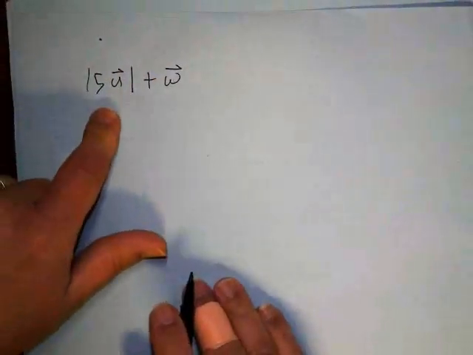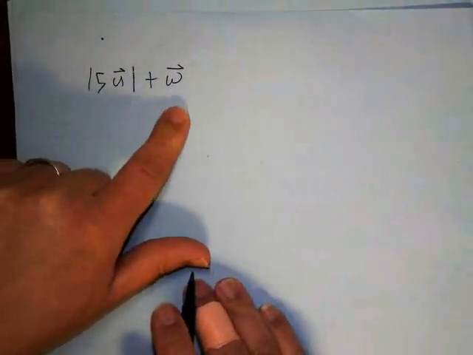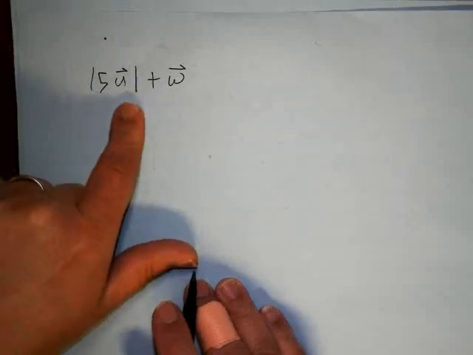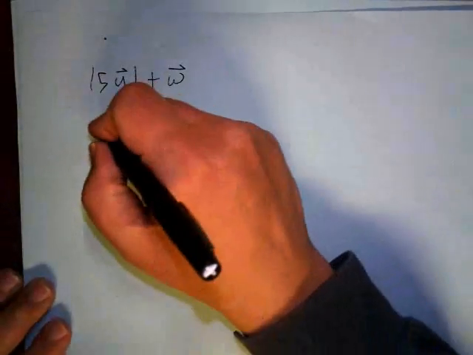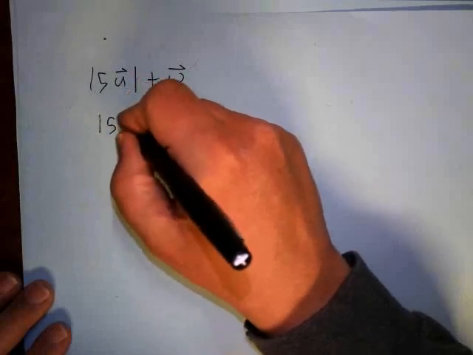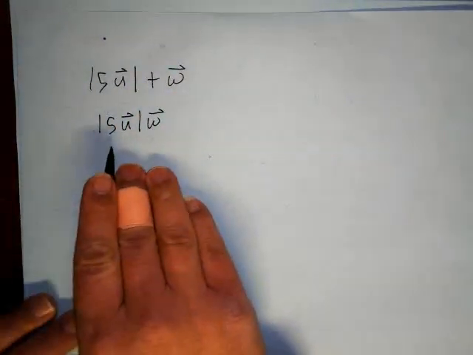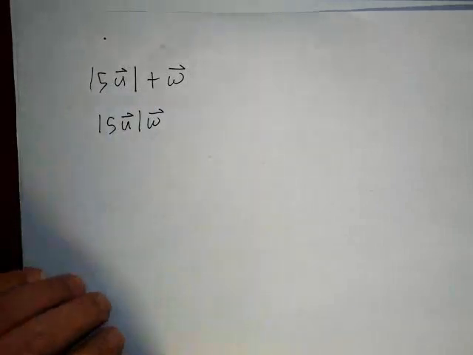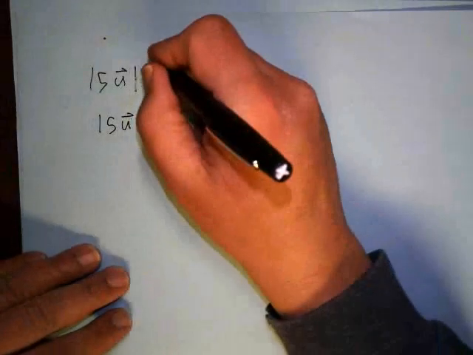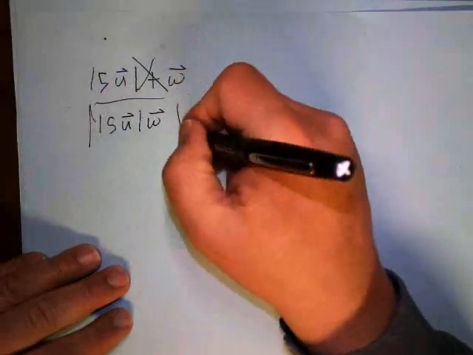This is a scalar and this is a vector, and there's no operation where you can add a scalar and a vector. It would have to be something like this times w. Then you could do it, because you would get a scalar and you can multiply it by w. So this is not possible, and this would be possible.